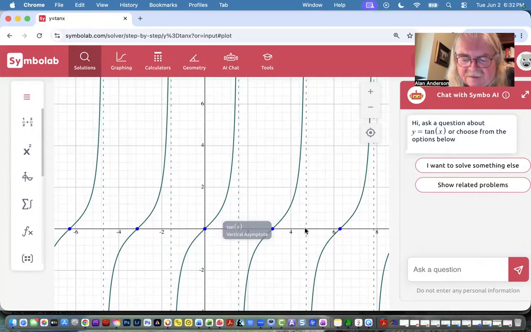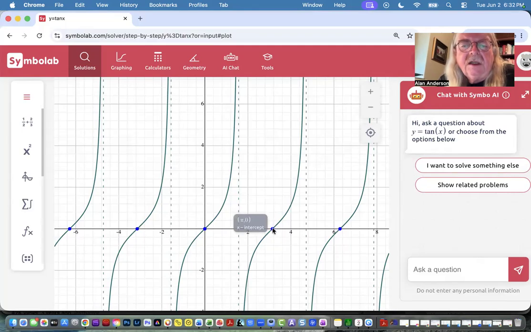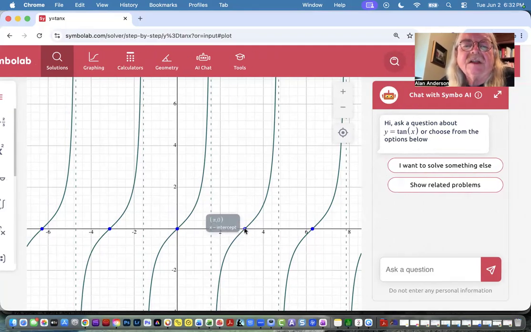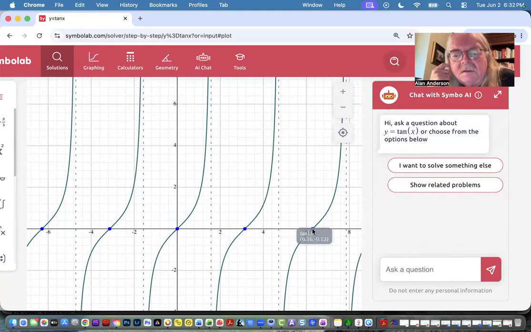And then when we double that, it becomes approximately 3.14. And again, it's hard to see just by looking at this. But that's where it's cutting through. And then here, 3 pi over 2 is approximately 4.7.